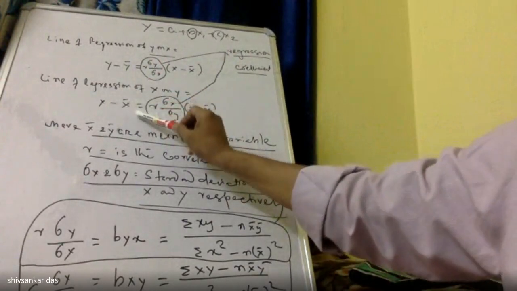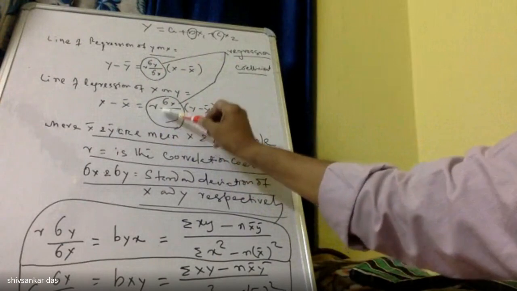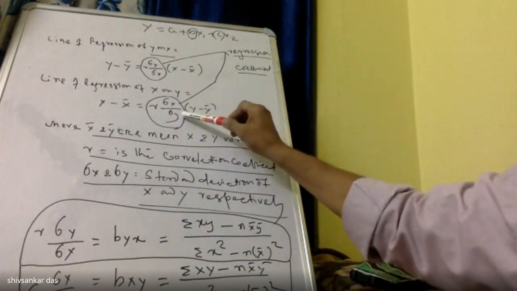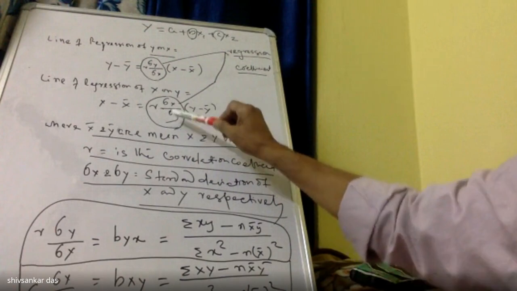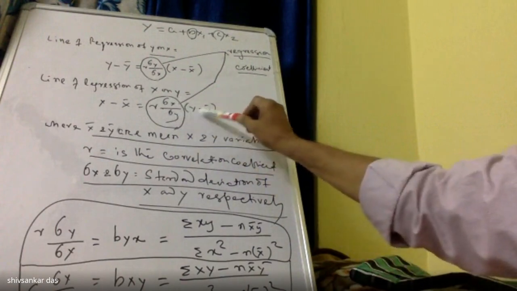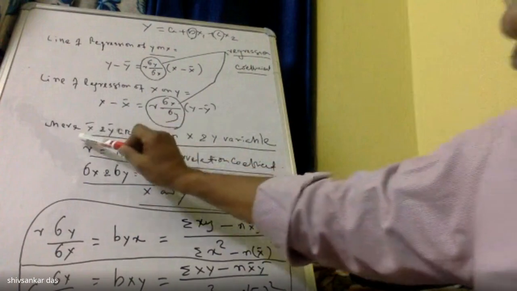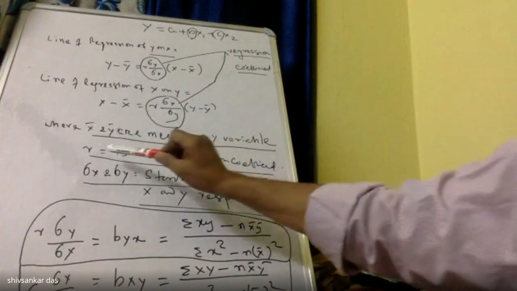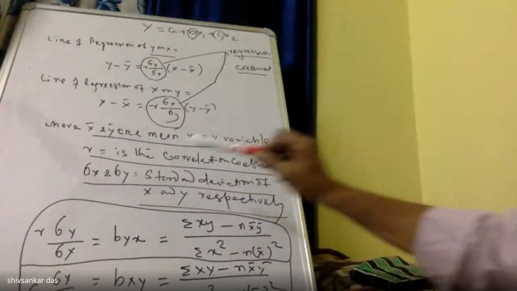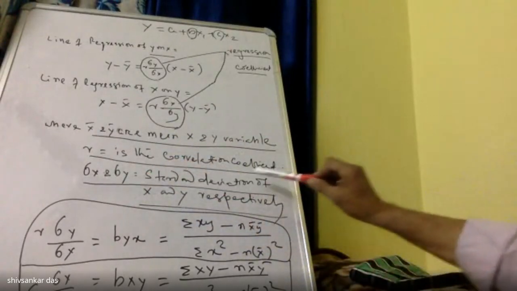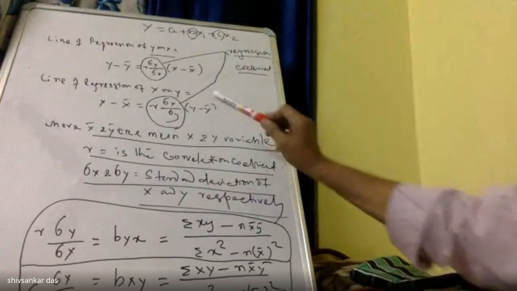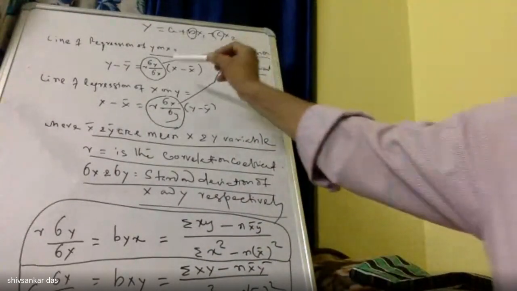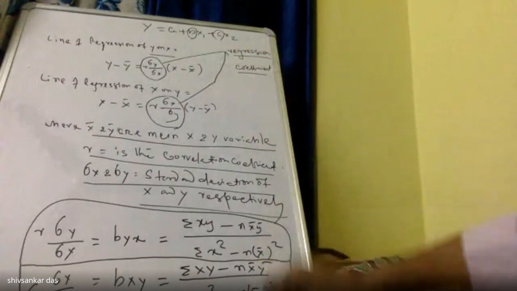X minus x bar is equal to r sigma x by sigma y, which will be in the denominator, into y minus y bar, where x bar and y bar are the means of the x and y variables. R is the coefficient of correlation. Sigma x, sigma y are the standard deviations of x and y. So in this case, we can derive this regression coefficient.